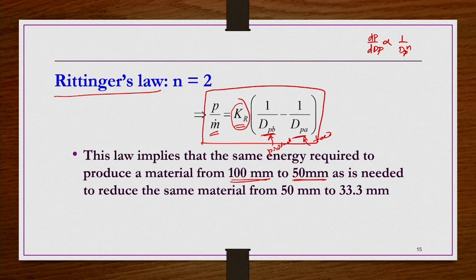Then you take a feed of 50 mm and you expect a product average size of 33.3 mm. Then again 1/33.3 minus 1/50 is again close to 1/100. So in this case also the power requirement would be the same, but in practice that is not going to be true.